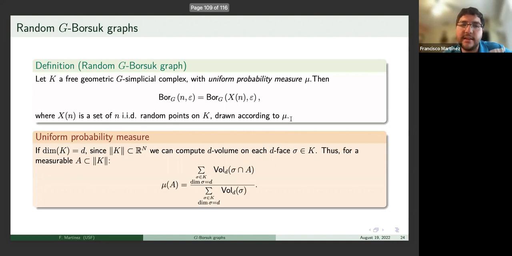What I mean by that is that for every measurable set A, that is going to be contained in some d-dimensional simplices of this space, we just look at the dimension of that intersection over the dimension of the whole thing, if the dimension of the simplicial complex was D. Basically, the most natural probability measure that we can have.